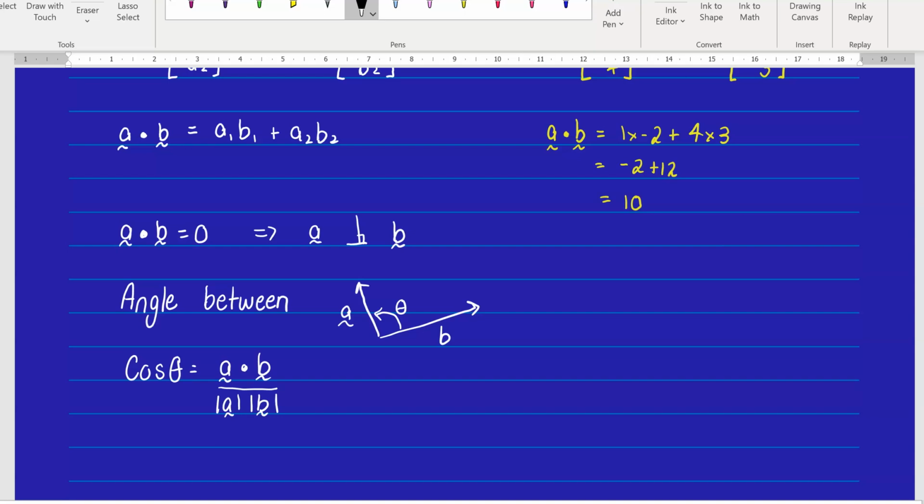Now, when my dot product is positive, so when it's greater than 0, that means that our angle is acute, so it's less than 90 degrees. If my angle is obtuse, so it's greater than 90 but less than 180, you will find that your dot product in this case will be less than 0. It's just something to keep an eye out for.